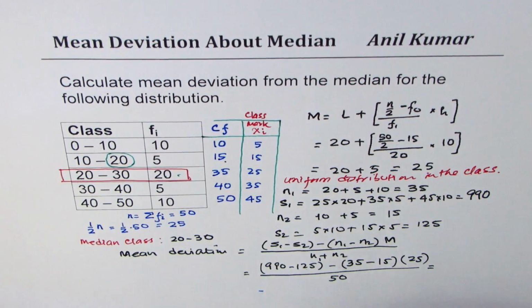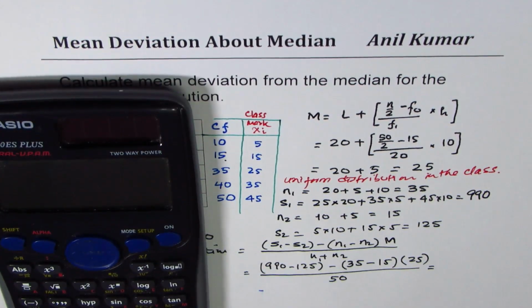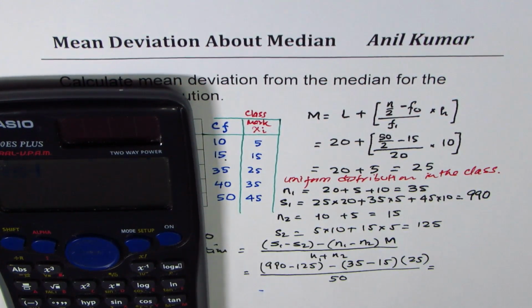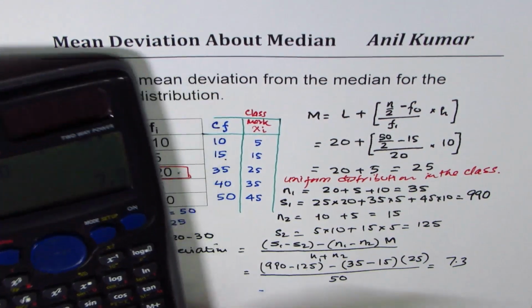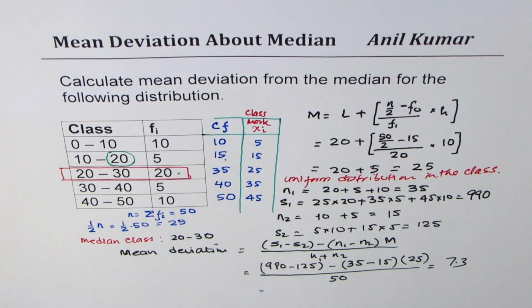Okay. So it is 990 minus 125 minus, within brackets, 35 minus 15 times 25, then we'll divide this by 50, and in decimals 7.3. So for this particular example, we got 7.3 as the mean deviation.